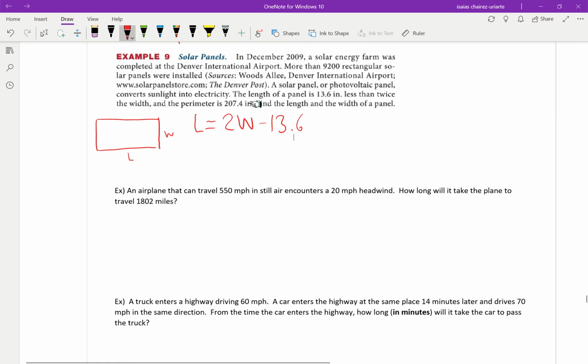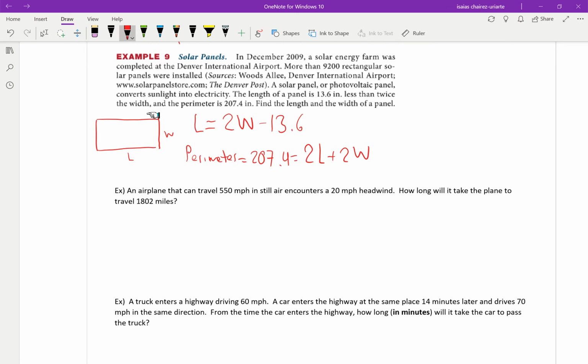How do I find the perimeter of a rectangle? Well, the perimeter is the sum of all of the dimensions. So I have two lengths and two widths. So my perimeter, in this particular case, is 207.4, and it's equal to 2L plus 2W.